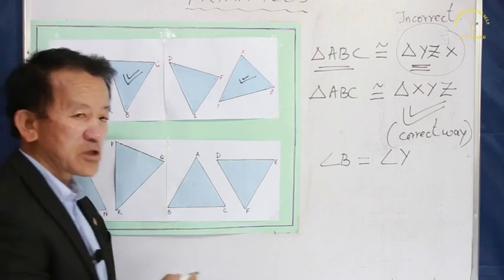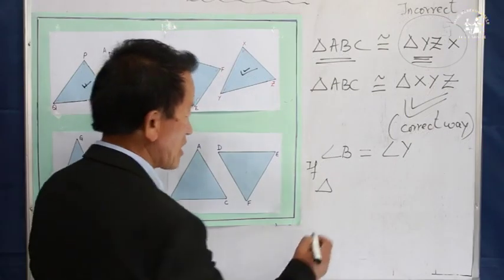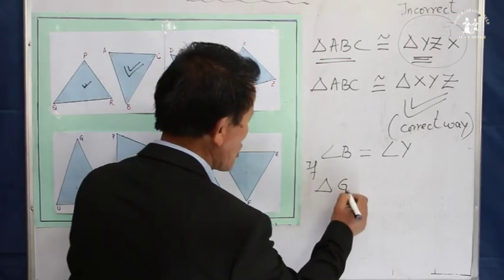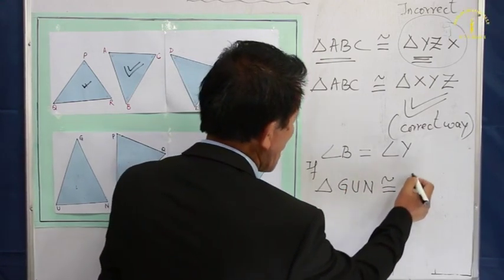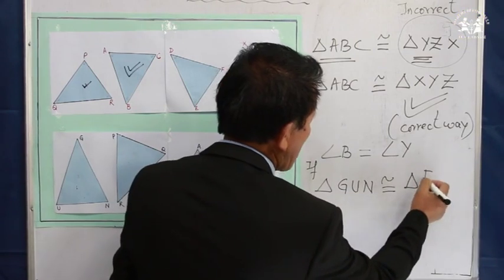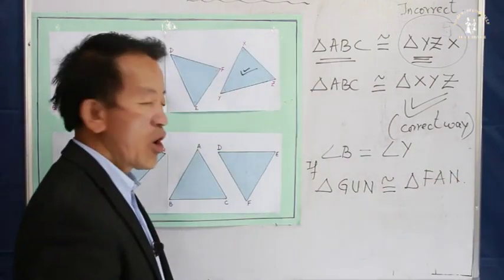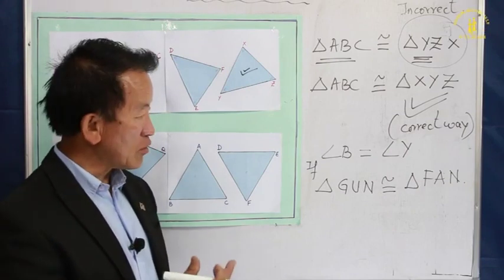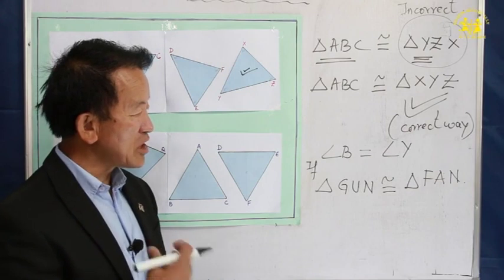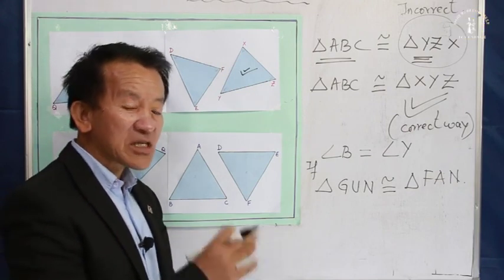Okay, the last one: let's say triangle GUN is congruent to triangle FAN. The question is to find the corresponding sides, or which sides are equal.